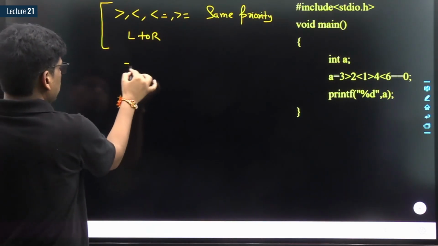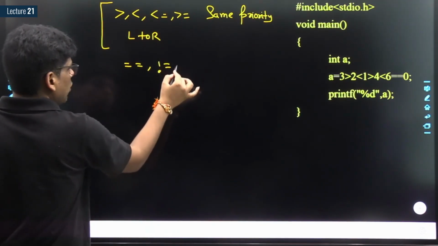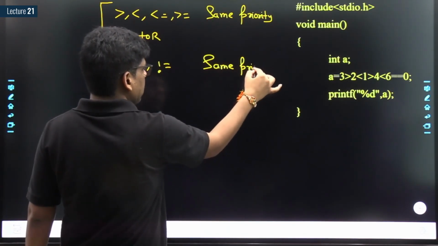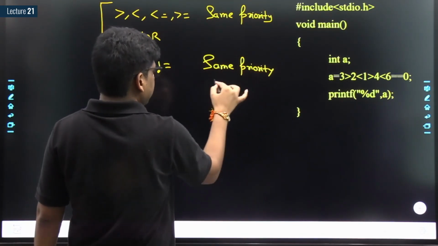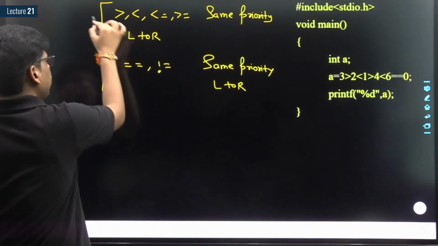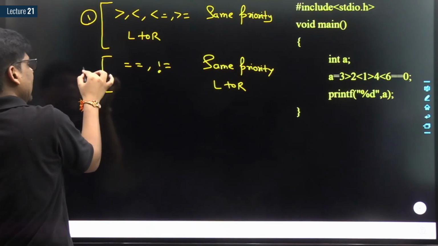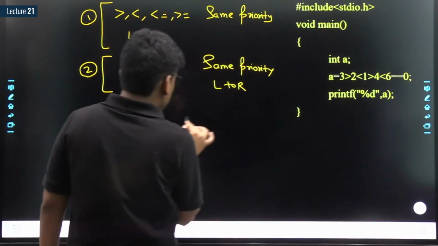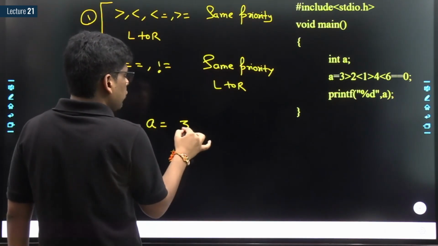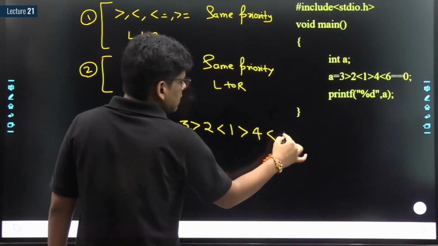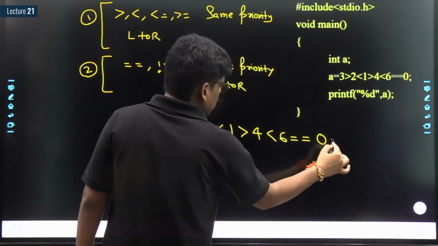Coming to these two operators, they are of the same priority, associativity is from left to right, but the priority of all these operators is higher as compared to them. Coming to our question: a = 3 > 2 < 1 > 4 < 6 == 0.